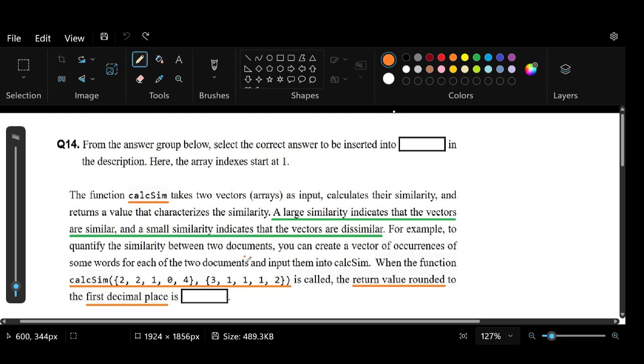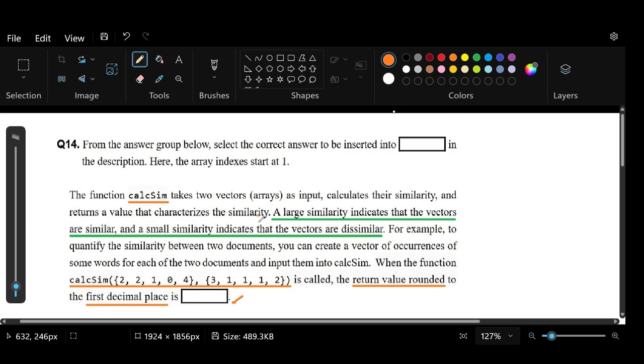For example, to quantify the similarity between two documents, you can create a vector of occurrences of some words for each of the two documents and input them into calcsim. When the function calcsim with the two vectors is called, the return value rounded to the first decimal place is blank.